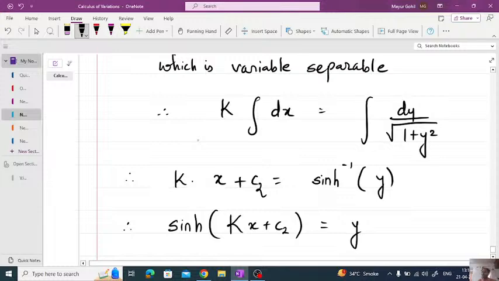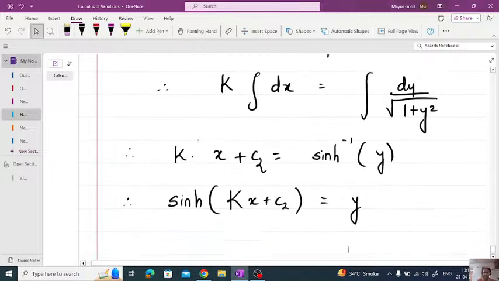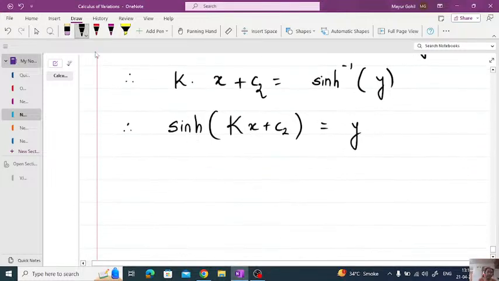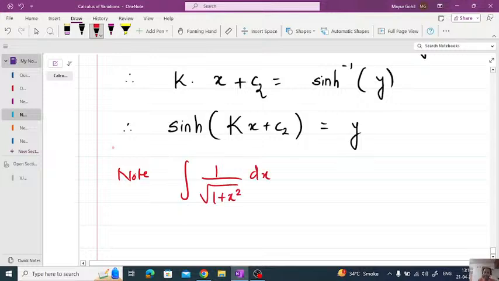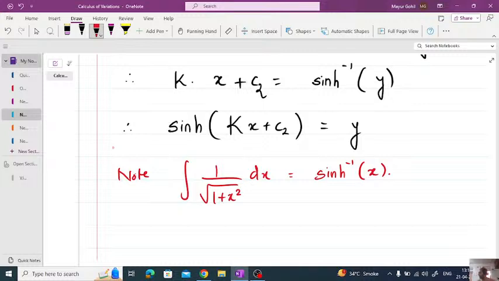This is the answer for this question. Okay, here what you need to remember, the formula that you need is: note that integration of 1 upon square root of 1 plus x square dx is sinh inverse of x. This is one formula that you must know.